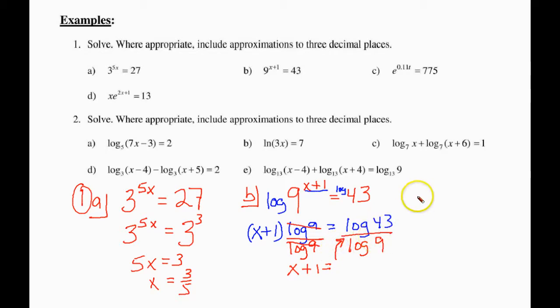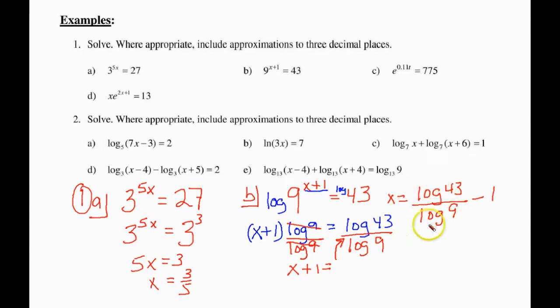And what does this become? Well, I'll write it. It will be log 43 divided by log 9. Now this positive 1 goes on this side as a negative 1. And then we get x equals this.